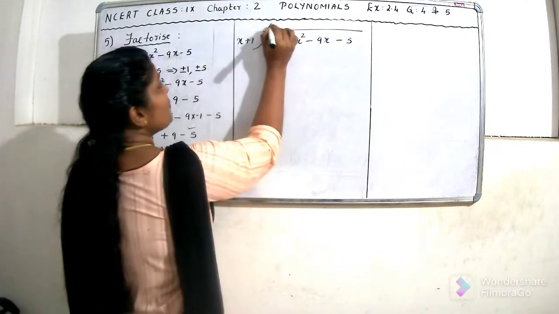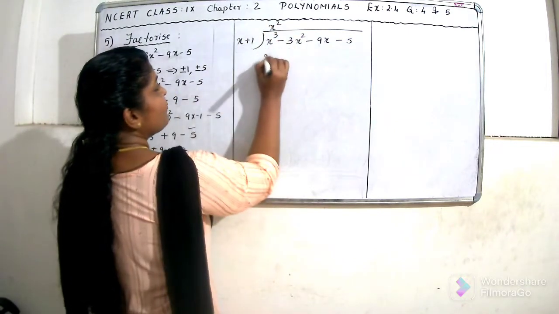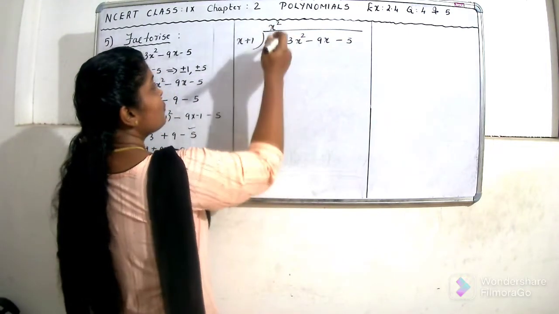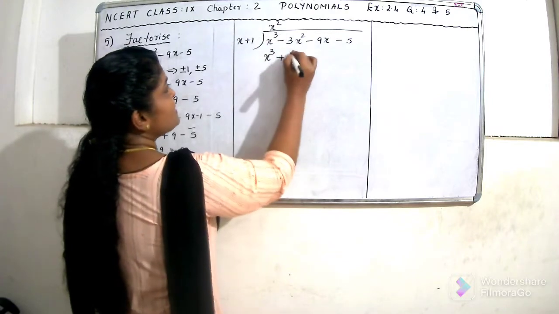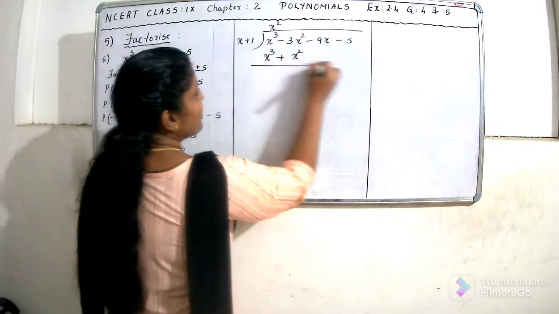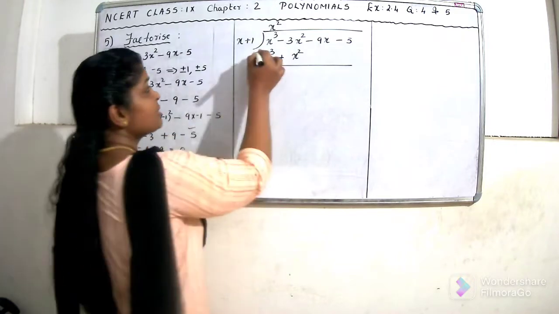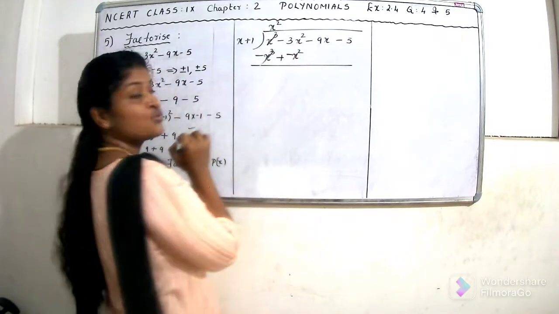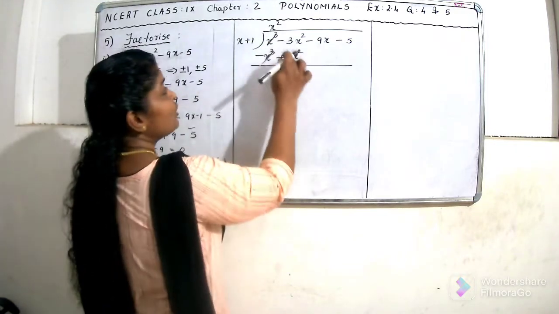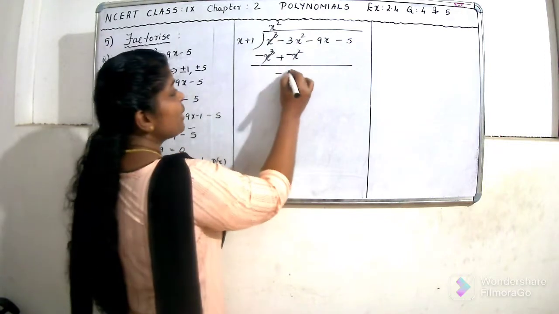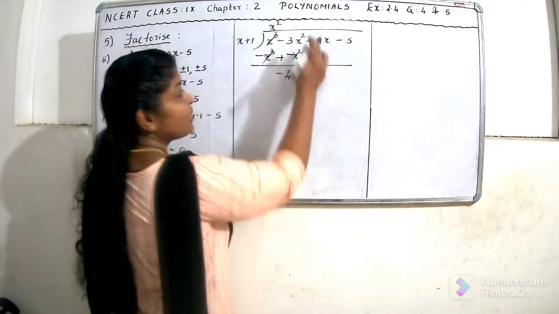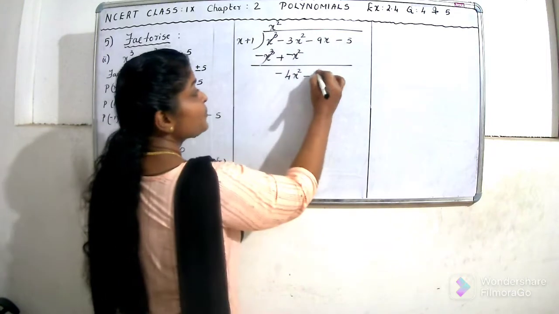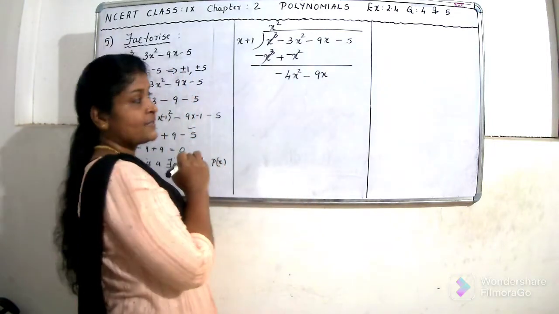x in x cube, x square times. Now when we multiply, x cube plus x square. Now doing the subtraction, signs are changing, these two are eliminated. Here both signs are negative, so negative 4x square, giving the chance to the next number, negative 9x.